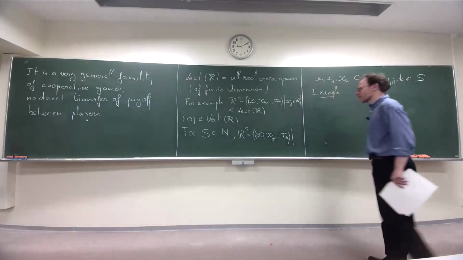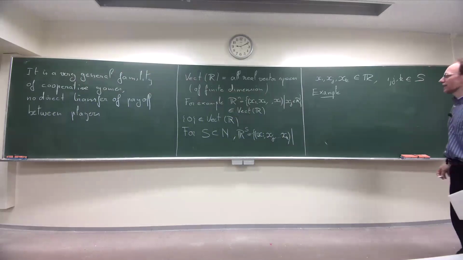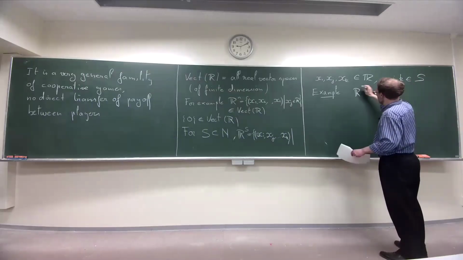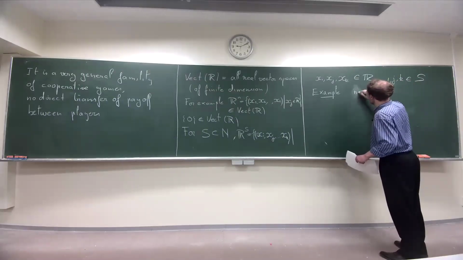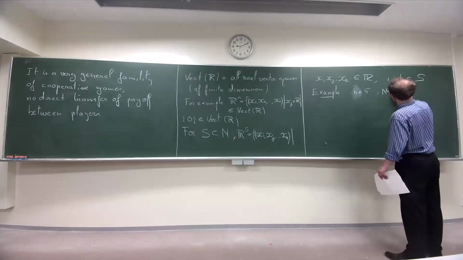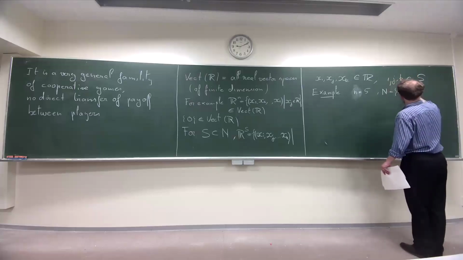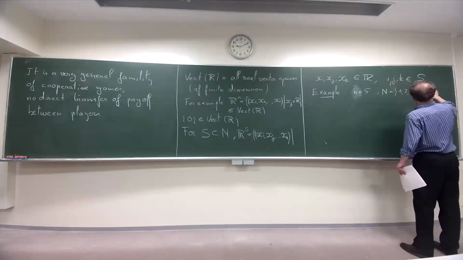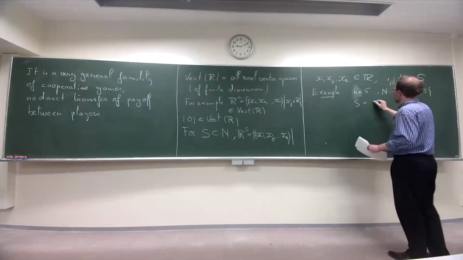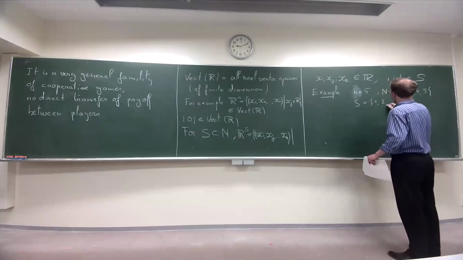Yeah, now, you probably haven't seen this notation so far. So for example, if I take R^N, let's say N is 5. So it means we have 5 players. But I take the subset S, let's say {1, 2, 5}.